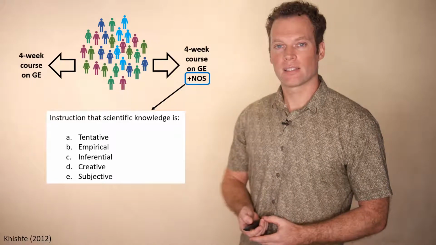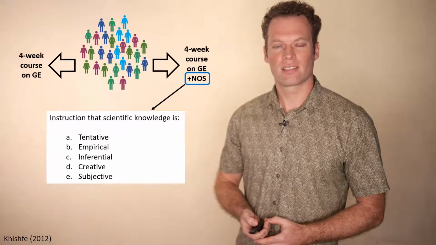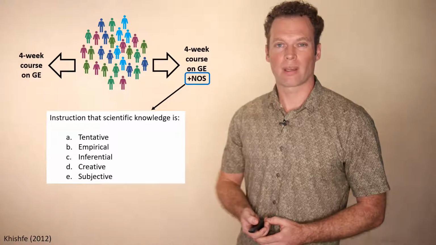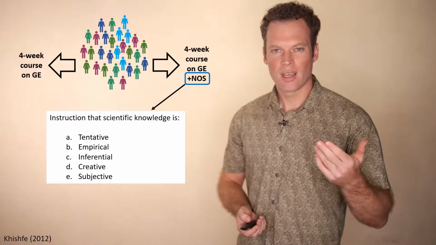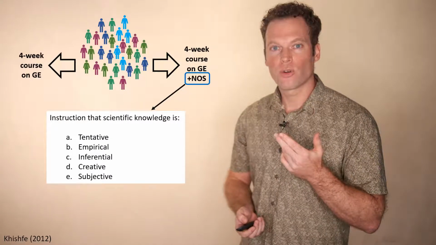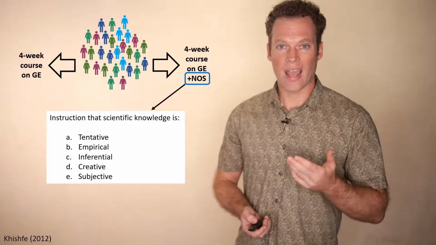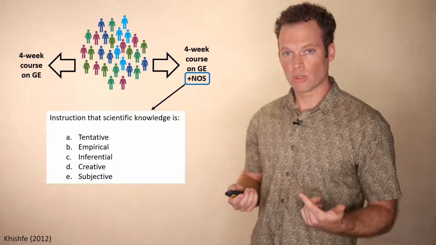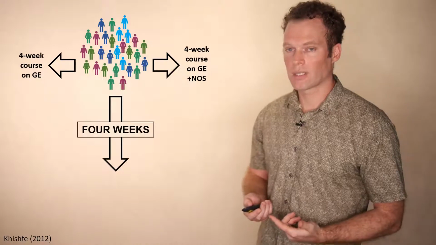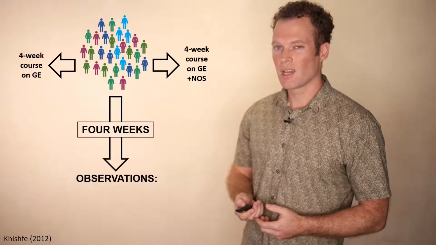And finally, science is subjective in that each scientist has their own perspective, their own way of creating new theories, coming up with novel ways to test hypotheses, drawing inferences, and even making observations. There is some subjectivity.